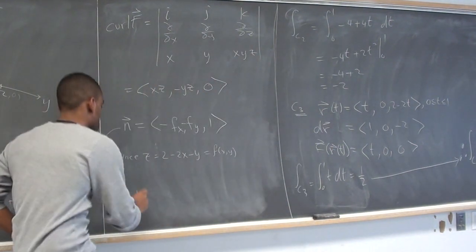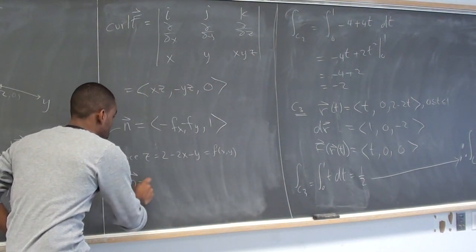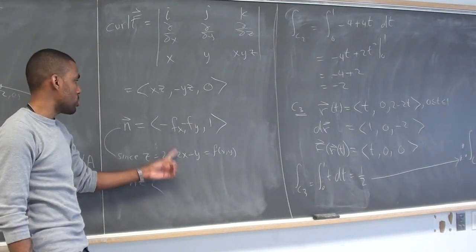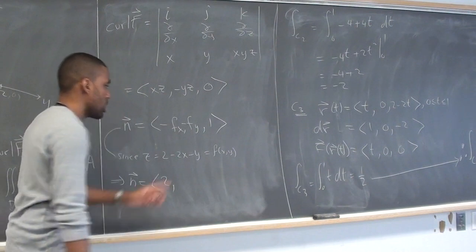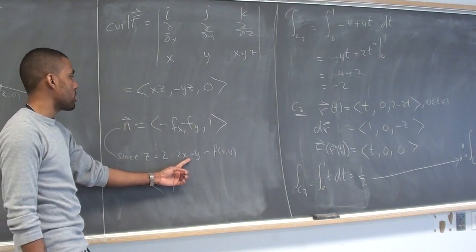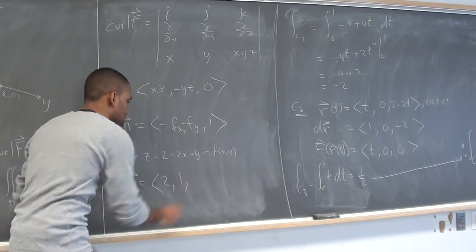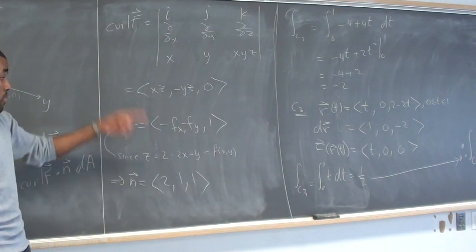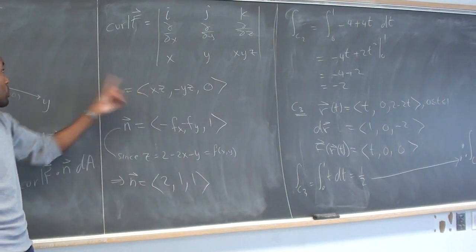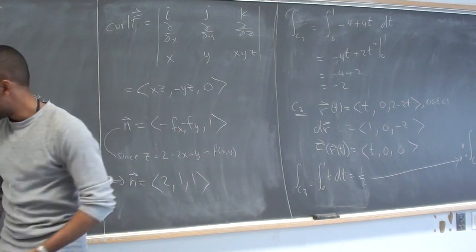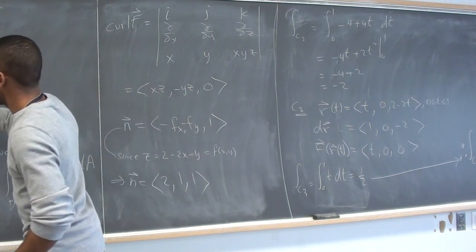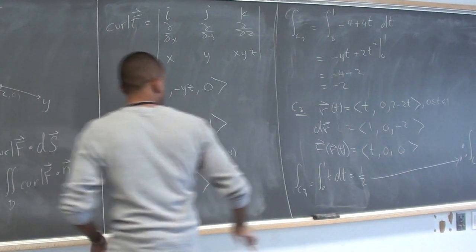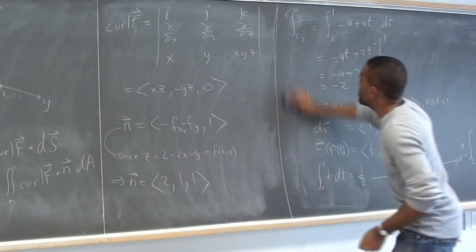Take the partial of this with respect to x, you get -2, take the negative of that, you get 2. Partial with respect to y is -1, negative of that is +1, and of course 1. So this is my normal vector. Now if I dot product it with this and integrate over the region of projection, which is in the xy plane, I should get 0.